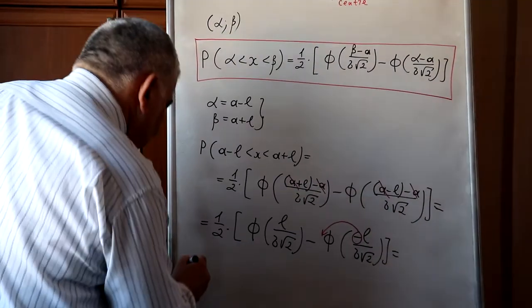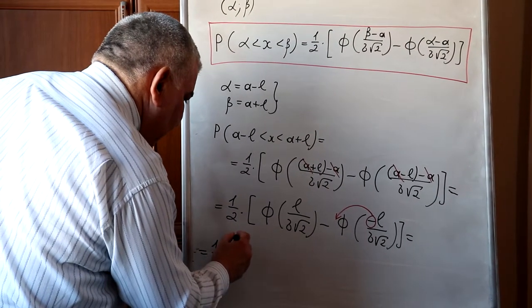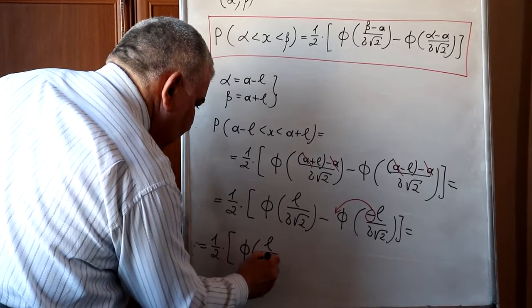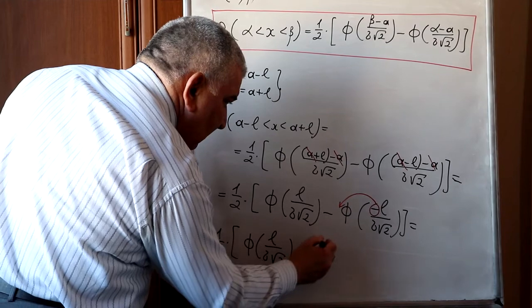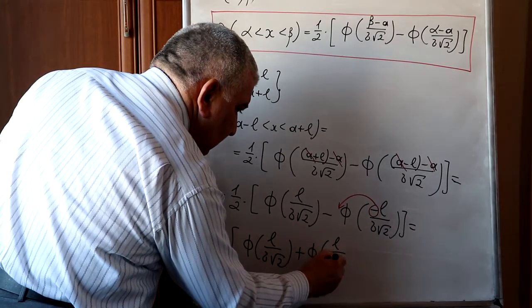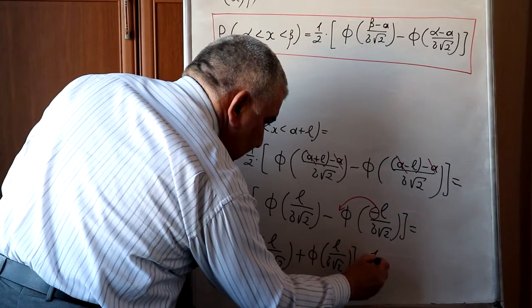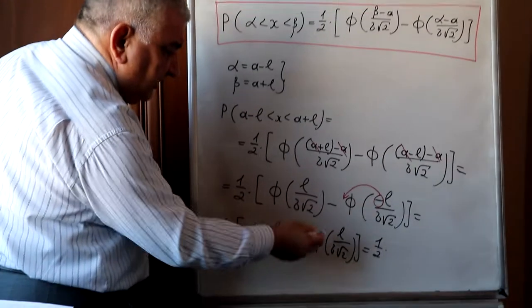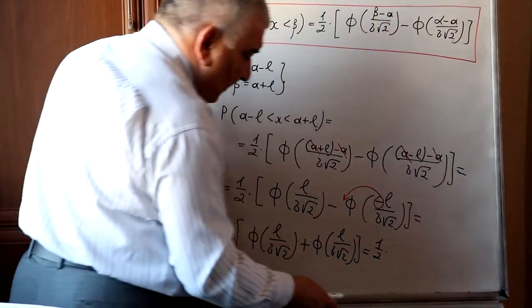Then we will have 1 second multiplied by phi of L over sigma square root of 2 plus phi of L over sigma square root of 2. Then 1 second multiplied by twice, because this expression are identical, are the same.